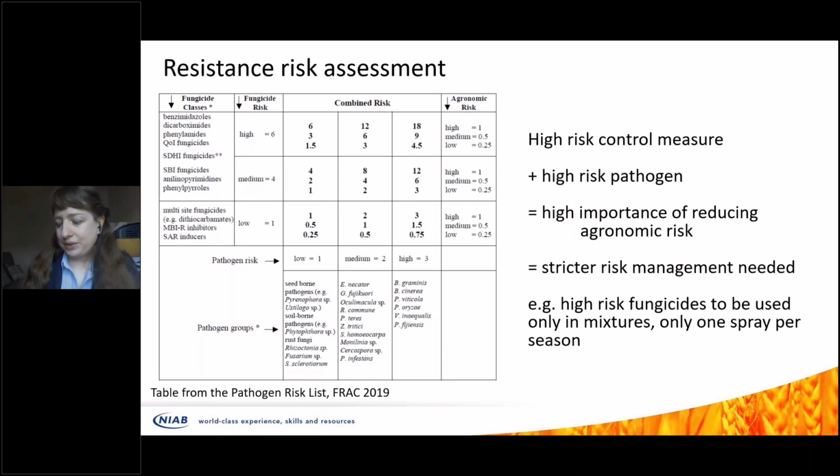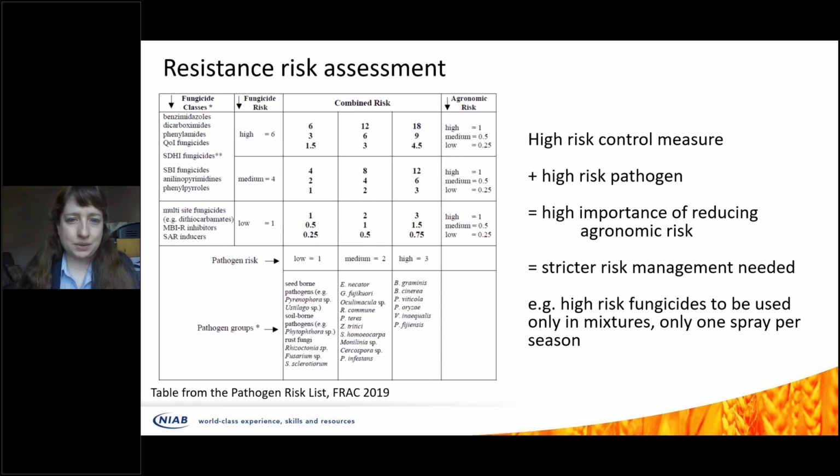And so these three factors will give us the combined risk level. We have the risk that comes from the fungicide classes, in terms of how easy it is for resistance to evolve. We have the risk from the pathogen, so how variable it is, and some other factors involving the pathogen genetics.